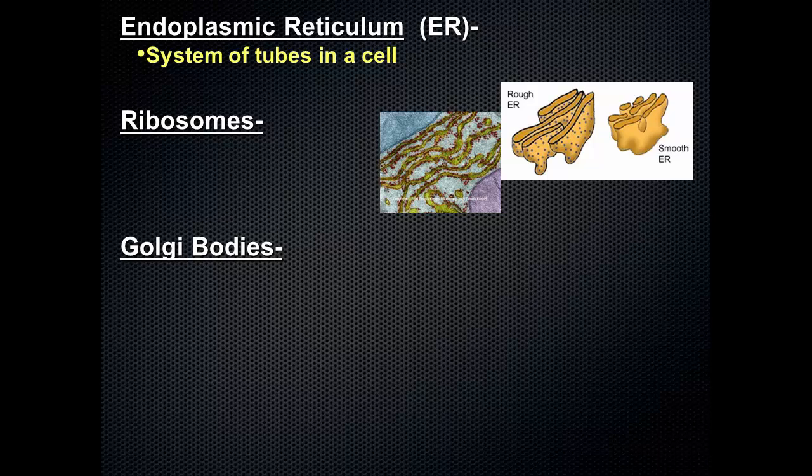You can see a diagram here, this windy tube, and here's an actual electron microscope image of these tubes. What the ER does is transport things around the cell: materials that the cell needs, materials the cell makes.